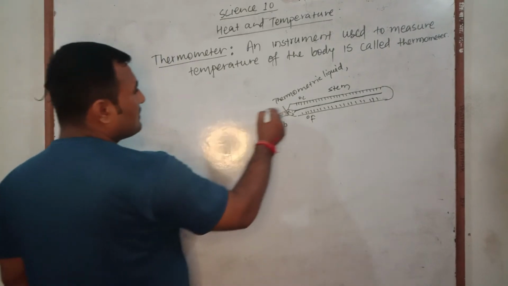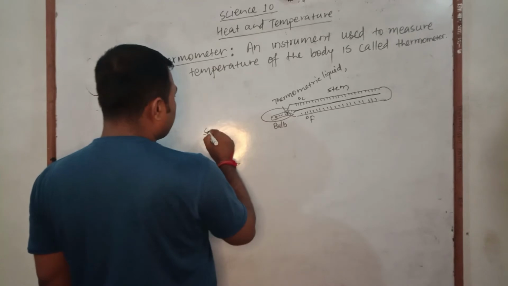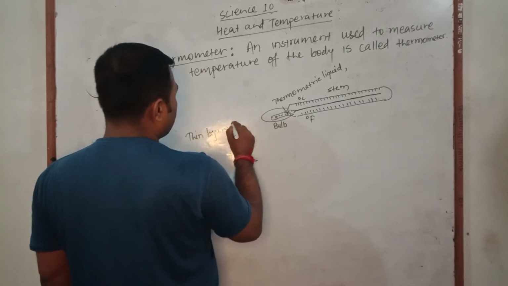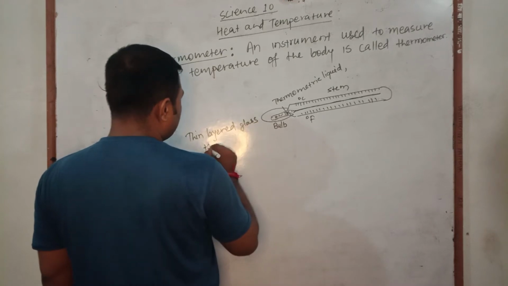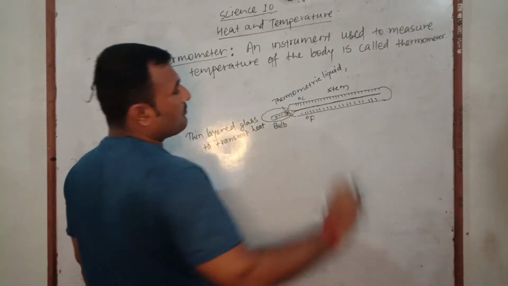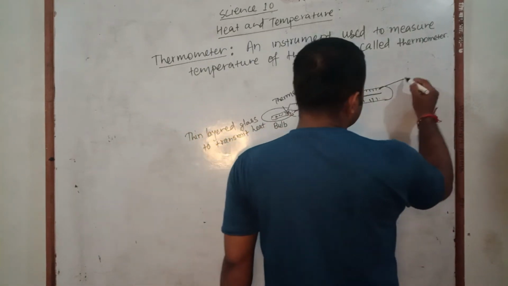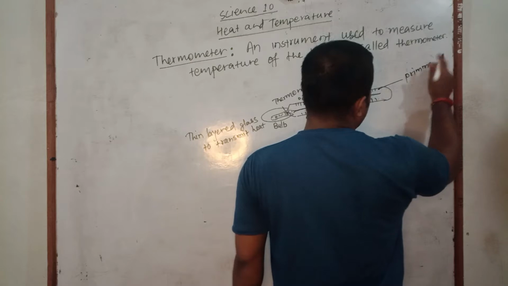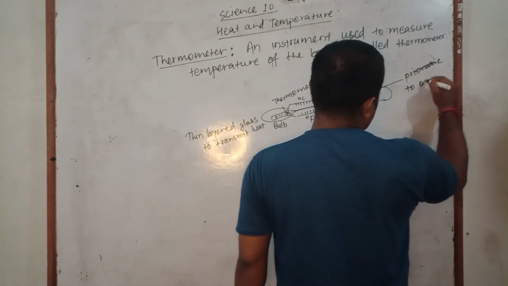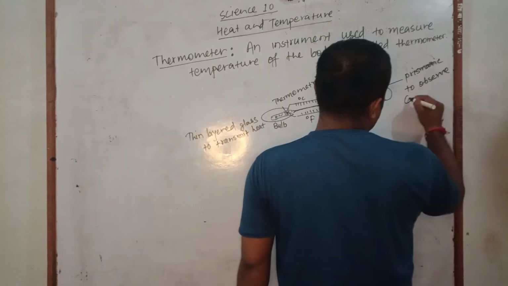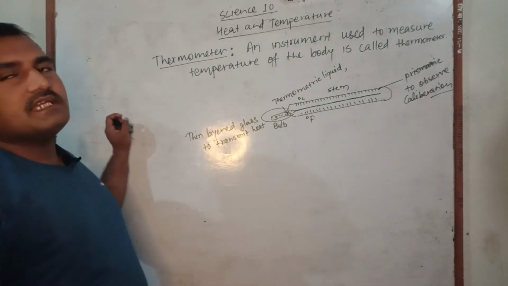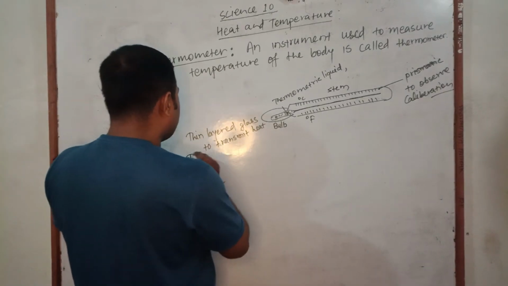The bulb of the thermometer is made up of thin-layered glass to transmit heat to the thermometric liquid, and generally the stem is made prismatic to observe the calibration found on the stem of the thermometer.